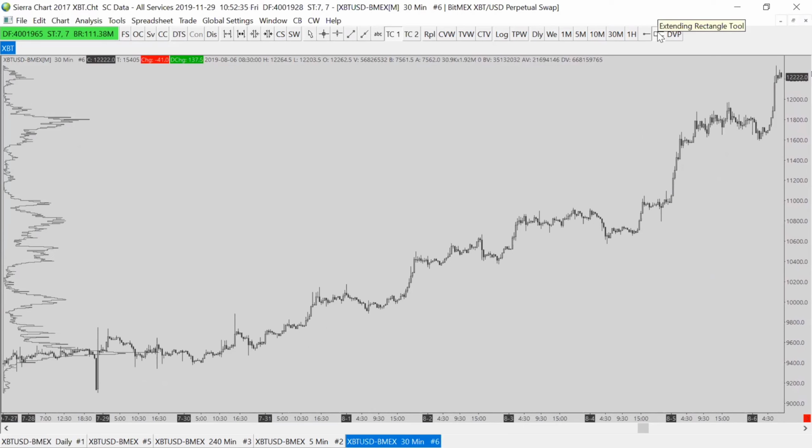And then I'll mark out low volume nodes in gray, like that. And high volume nodes in red.